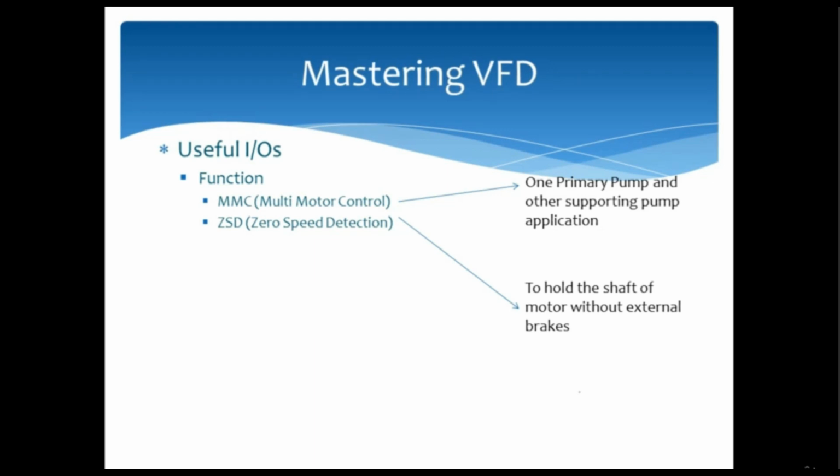And by the way, it does not have common application. It is used rarely. If you need to use this function, you need to be completely sure that the injury or any damage to machine is not possible. So be careful with zero speed detection function.